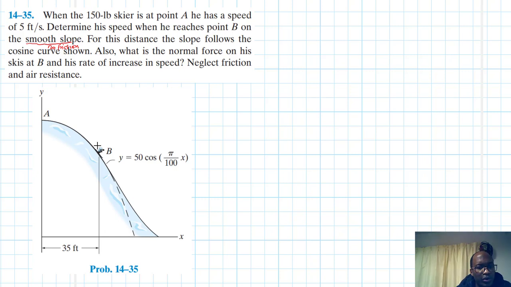Let's start with drawing the free body diagram. We have the weight of the skier acting through its center of gravity. Then we have the normal force, like so. Let's say we extend this axis like so.